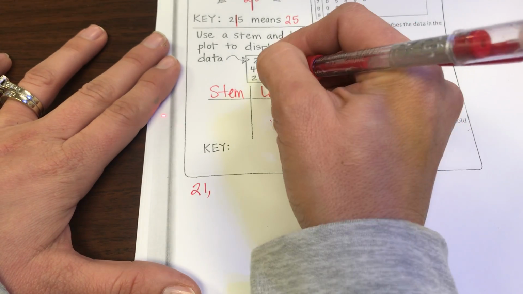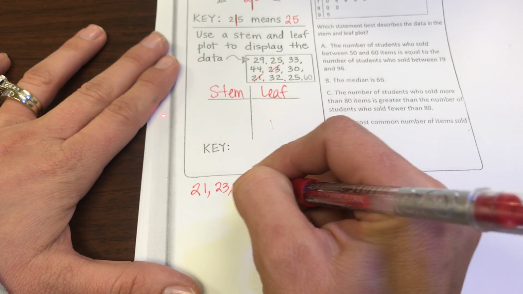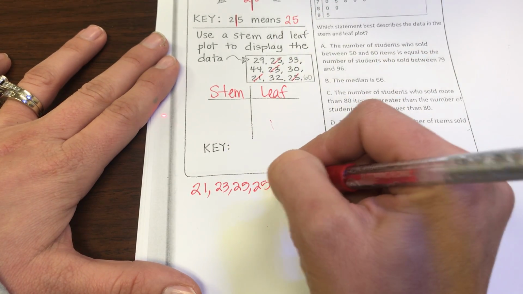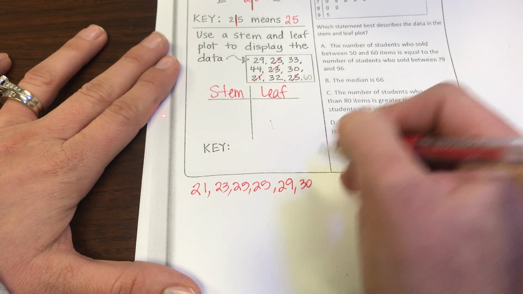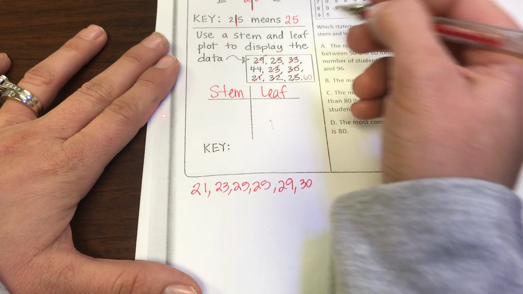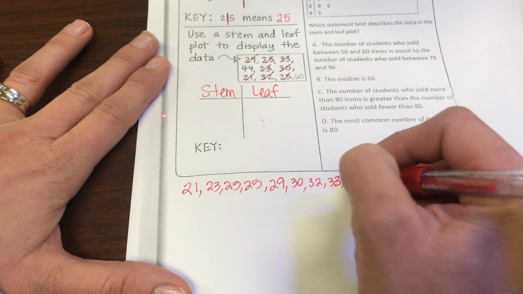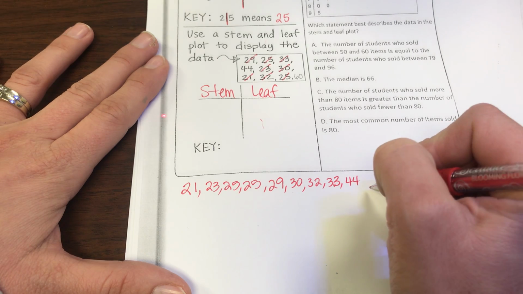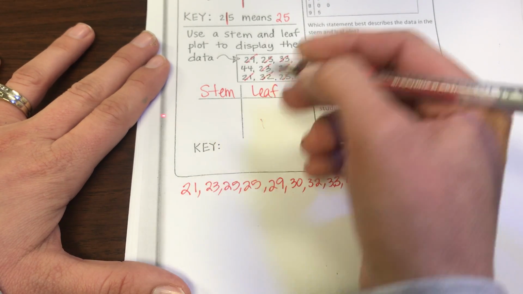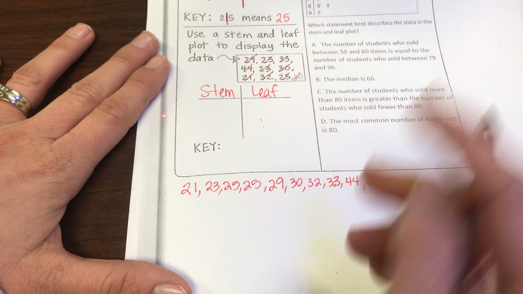So we have 21, then we have 23, 2 25s, 29, 30, 32, 33, 44, and 60. So 1, 2, 3, 4, 5, 6, 7, 8, 9, 10. 1, 2, 3, 4, 5, 6, 7, 8, 9, 10.